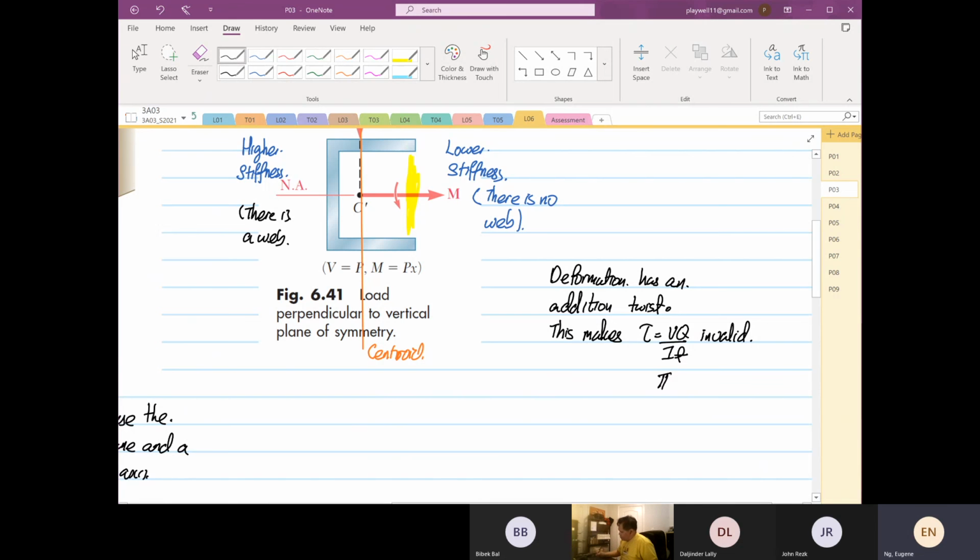So this is only deformation without twist.